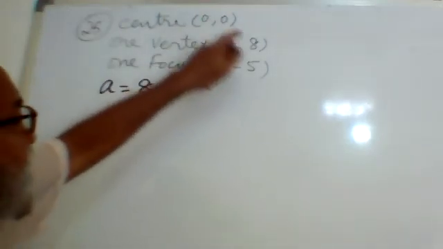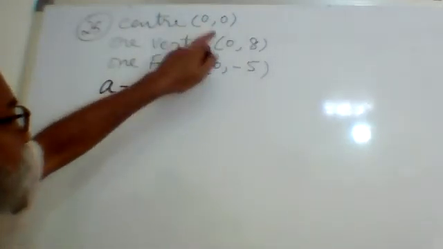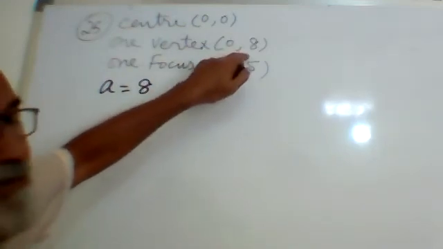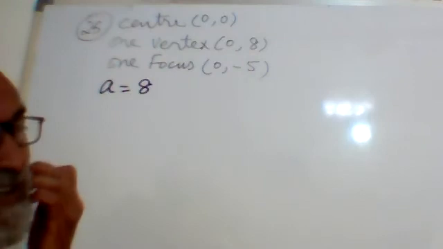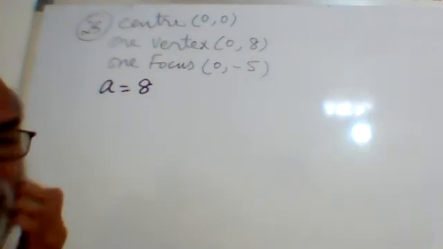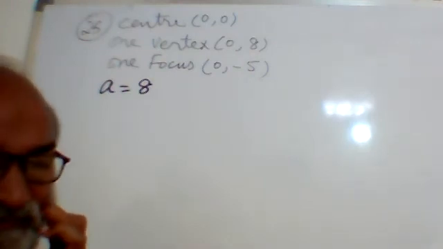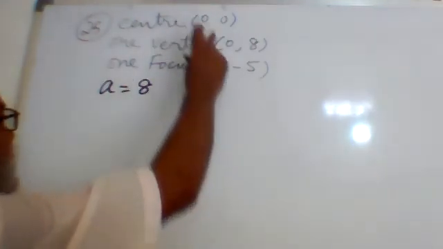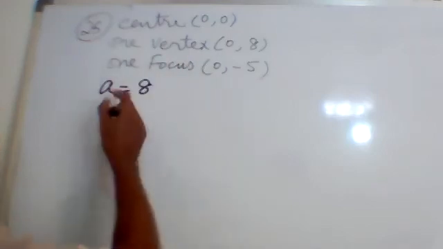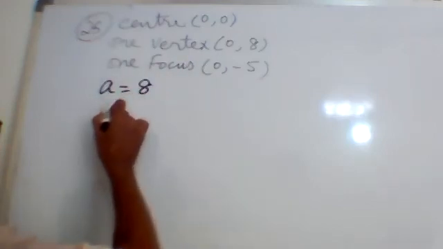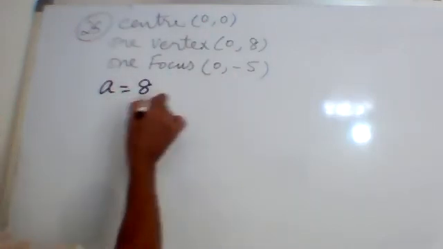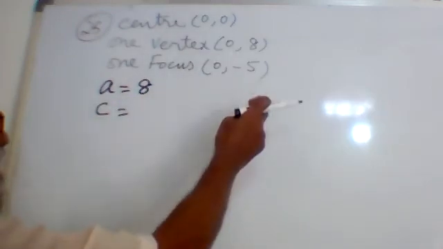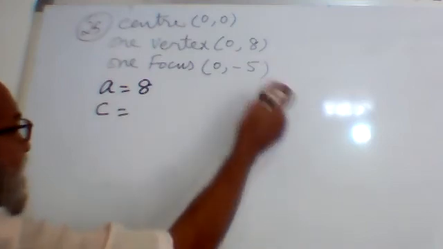From center to the vertex, 0 to 0, no change, 0 distance; 0 to 8 will be 8 distance. So A is 8. Center to the vertex is called A. In the same way, center to the focus is called C. C is 0 to 0, no change; 0 to minus 5 is minus 5.